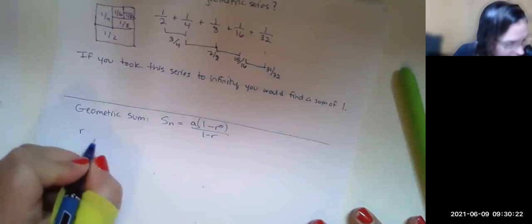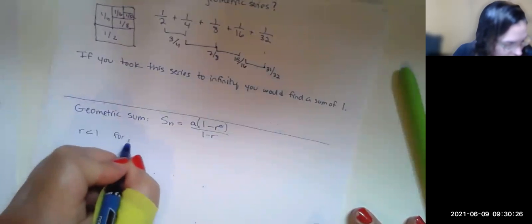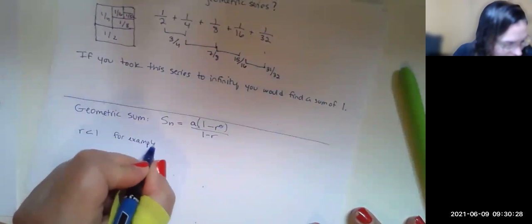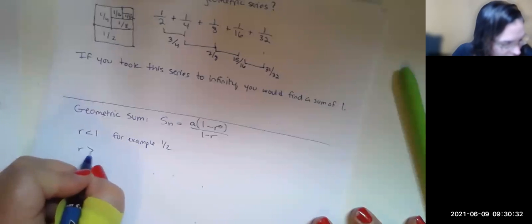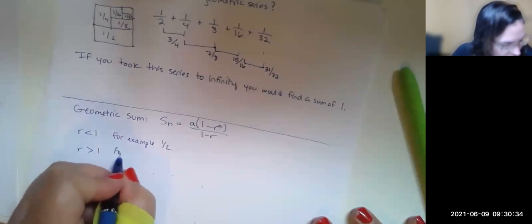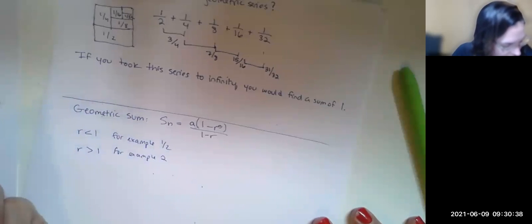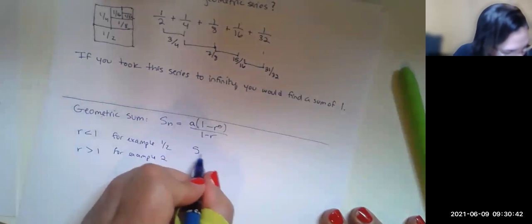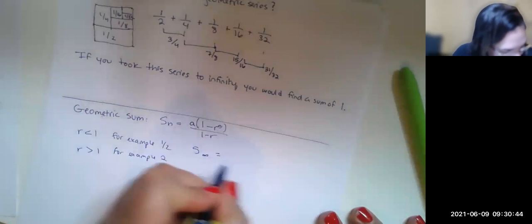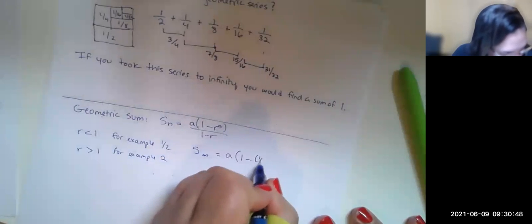If your common ratio is less than 1, for example a half as it is here, versus if your r is greater than 1, for example 2, let's say we're going to do S of infinity. So that's going to equal a times 1 minus 1/2.